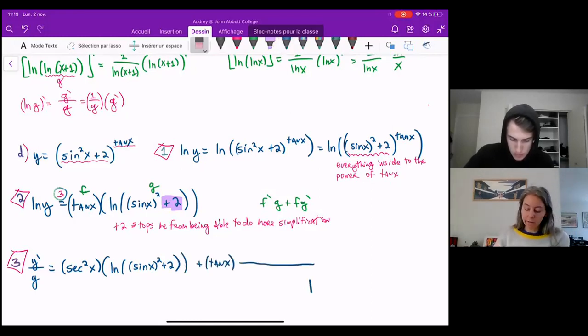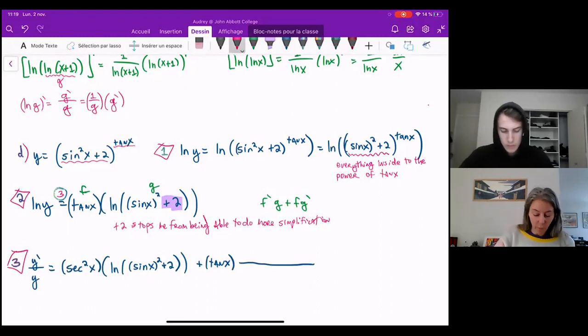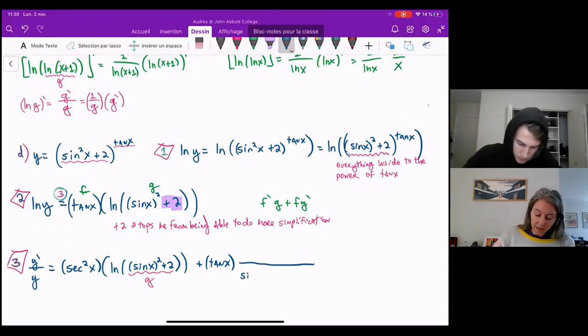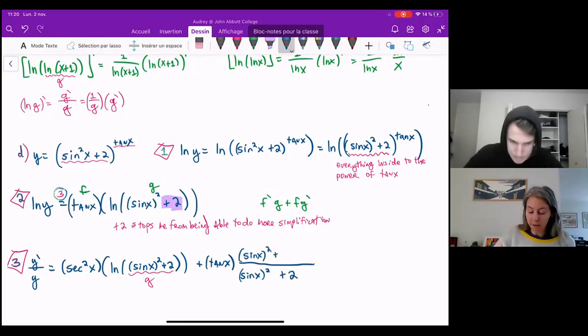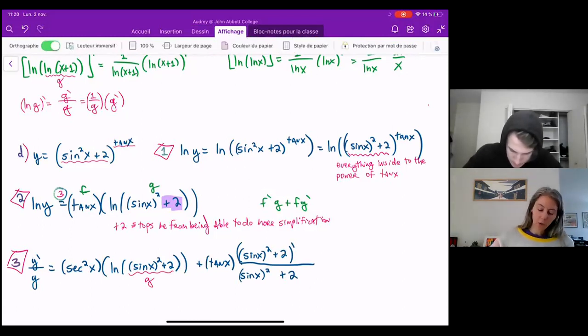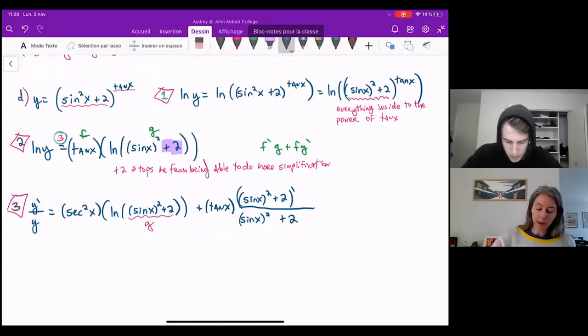So the derivative of the second, that's now my log rule, where this thing inside is my g. So I'm going to have a sine x squared plus 2 on the bottom, and then a sine x squared plus 2 prime on the top. When I do that, I'm also going to bring my y over.